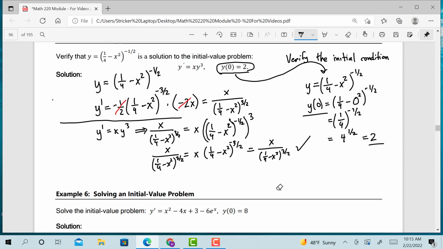We can say that y equals 1/4 minus x squared to the negative 1/2 power is a solution to the initial value problem.